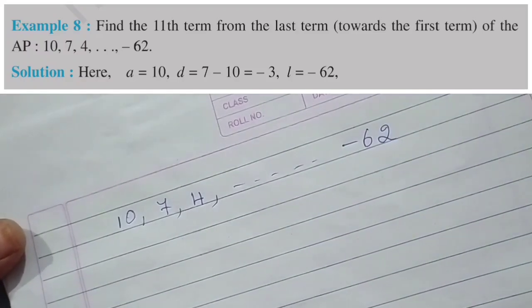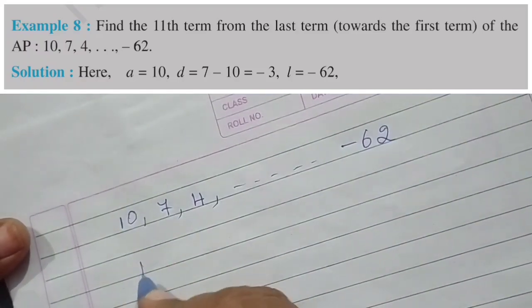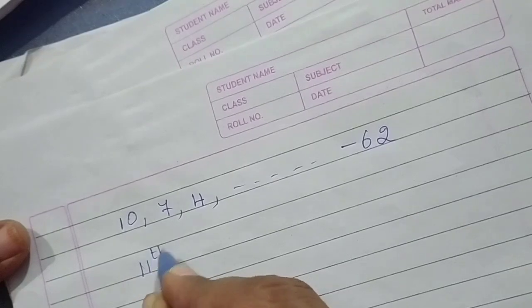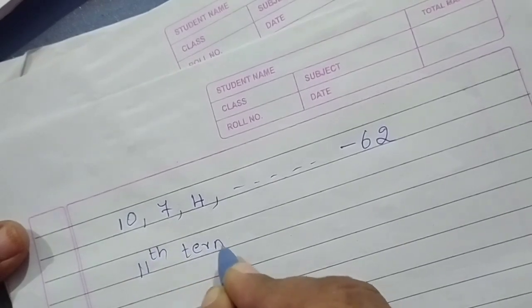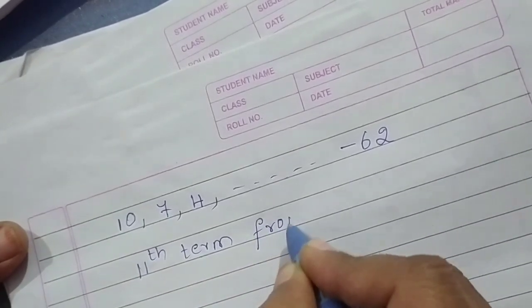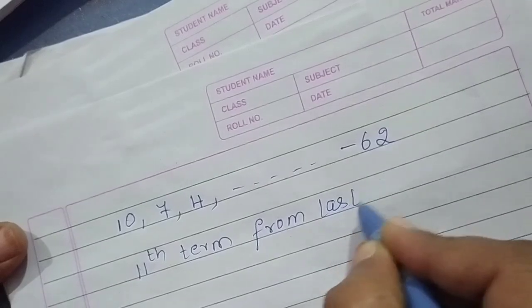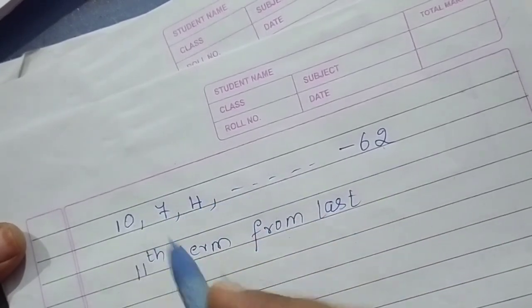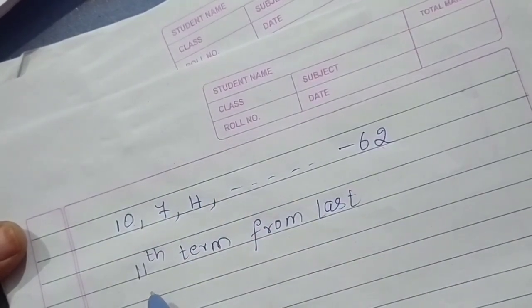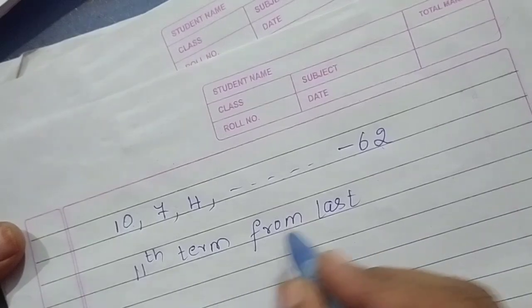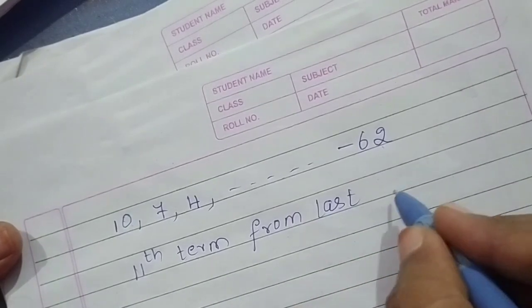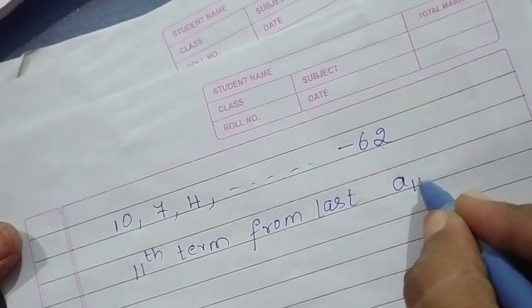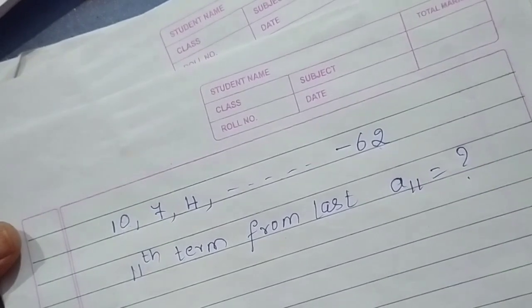In this question we have to find the 11th term from last. Here they have given the last term. The 11th term we can write as A11 is equal to question mark.